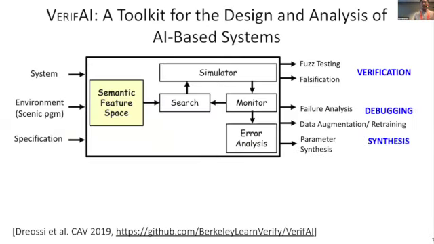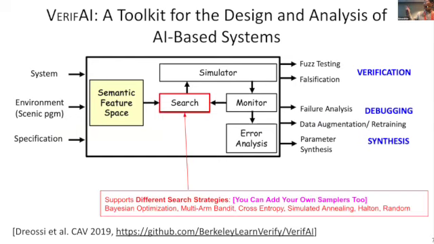And as Sanjay briefly covered, Verify is a supporting toolkit that we developed around Scenic. Verify takes in the model of the system, the model of the environment, which is in the form of a Scenic program, and your specification over your machine learning models. Given that, it extracts from the Scenic program the distribution space that is modeled.